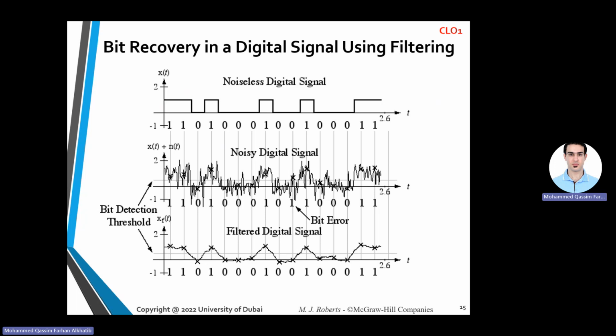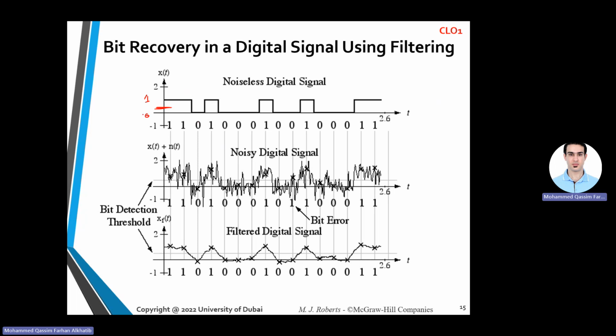I'll skip this slide. It's just to show why people prefer digital over analog, because in digital you have only two values, either 0 or 1, logical 0 and logical 1, and you can set what we call a threshold. If at the receiver part the value is larger than the threshold, I will give it a value logical 1. If it's less than the threshold, that's a digital value 0.